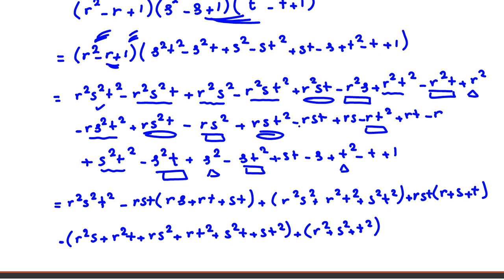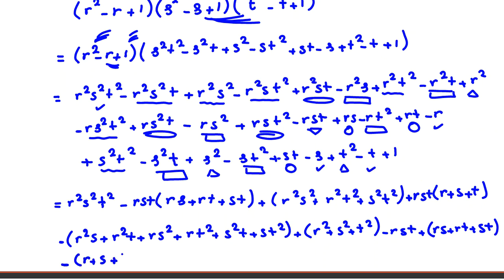Minus rst, and the next one, rt, st, rs, so plus rs plus rt plus st. And the next things that are left, minus r minus s minus t. So minus r plus s plus t and plus 1.